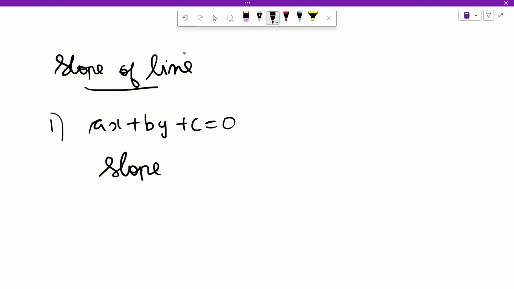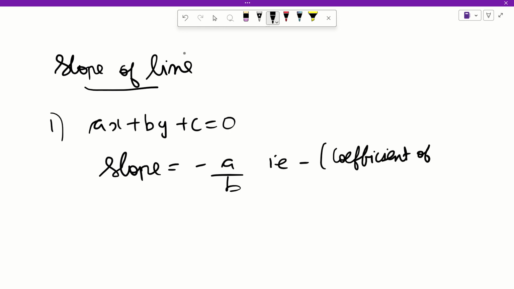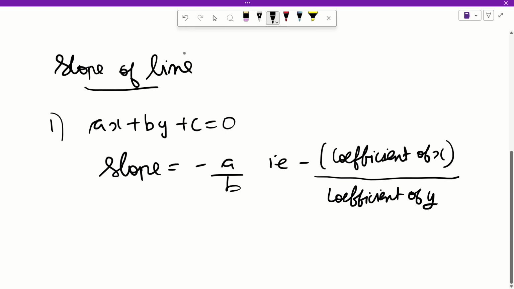Slope is given by minus a by b, that is negative coefficient of x divided by coefficient of y.